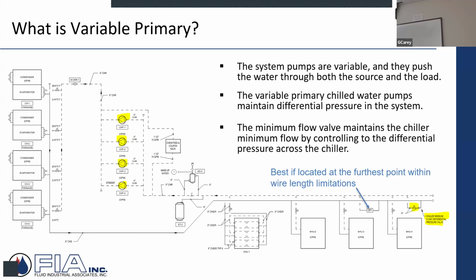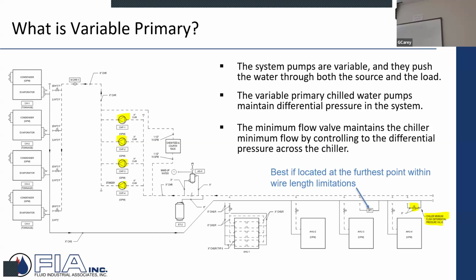System pumps are variable and they push water through both the source and the load. The variable primary chilled water pumps maintain differential pressure in the system. Minimum flow valves maintain chiller minimum flow by controlling the differential pressure across the chiller. So there's ways of getting there. There's a little bit of, and so this is not primary secondary.